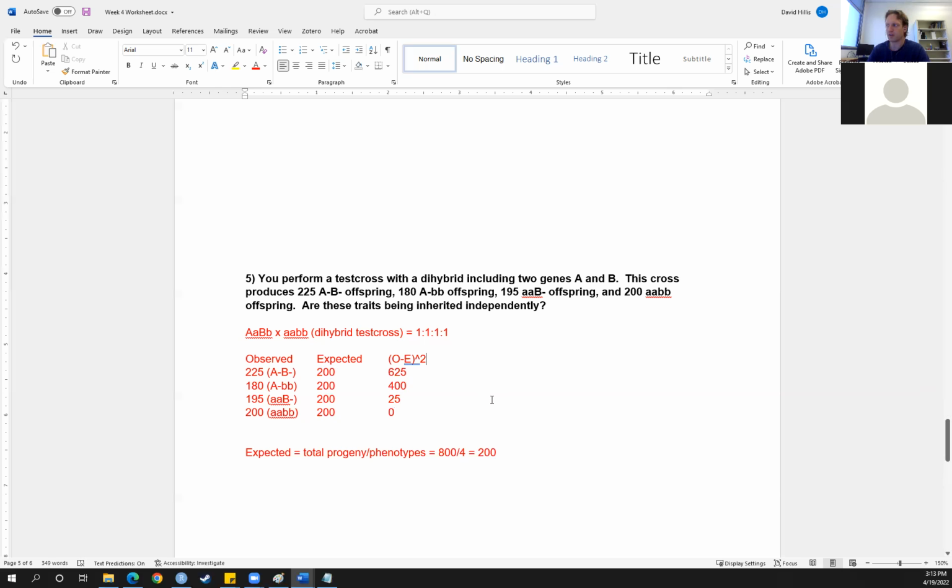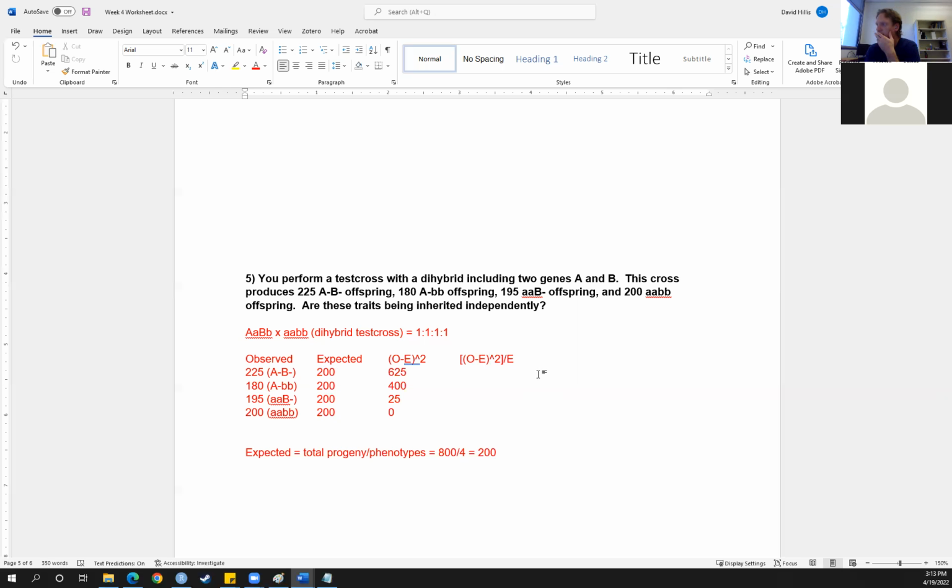And by all means, feel free to stop me if I'm starting to get ahead of you. We're then going to take that value and we are going to divide it by, and in this case, we do care. In this case, we do care what we're putting on the bottom. What we're putting on the bottom is specifically the expected.